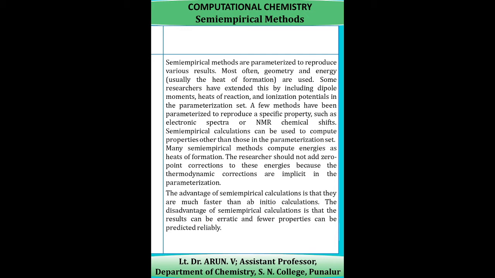Semi-empirical calculations can be used to compute properties other than those used in the parameterization set. Many semi-empirical methods compute energies as heat of formation. The researcher should not add zero-point corrections to these energies because the thermodynamic corrections are implicit in the parameterization.